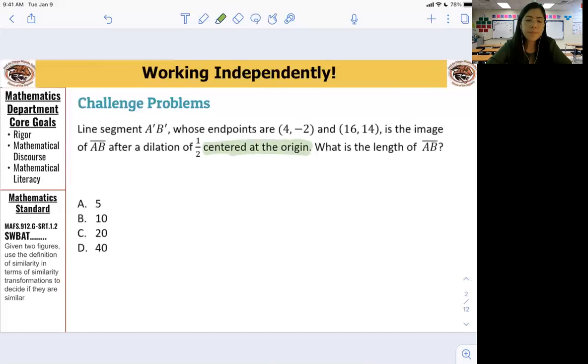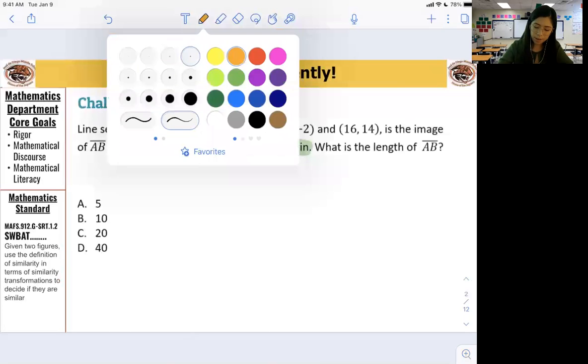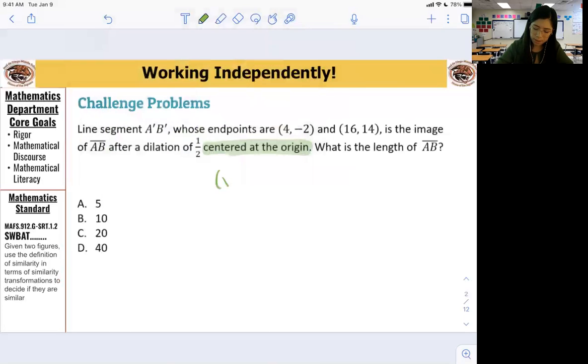When you have a dilation that is centered at the origin, it's actually super easy because that just means that x comma y becomes kx and ky. And what does k represent?